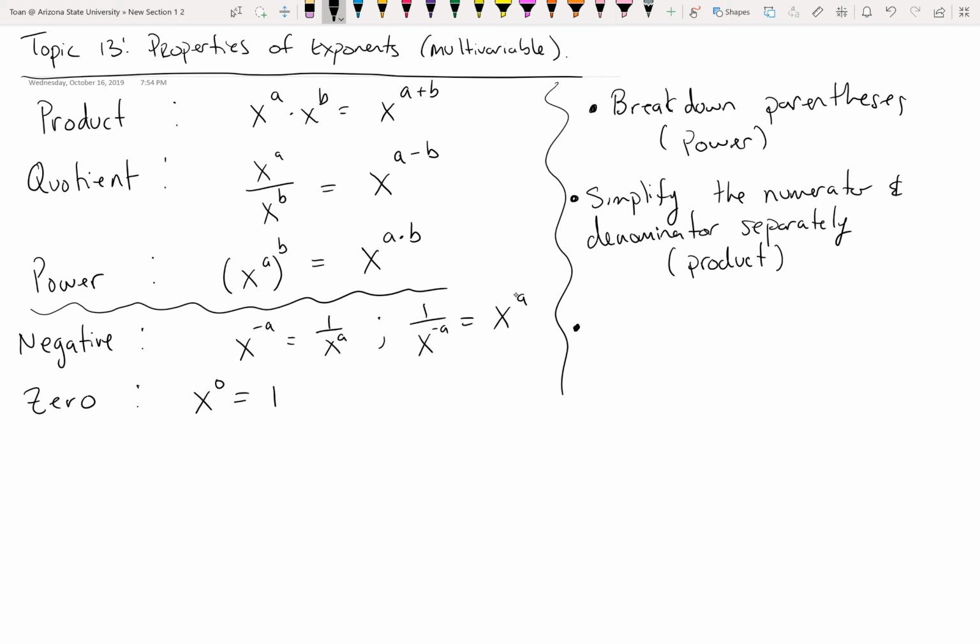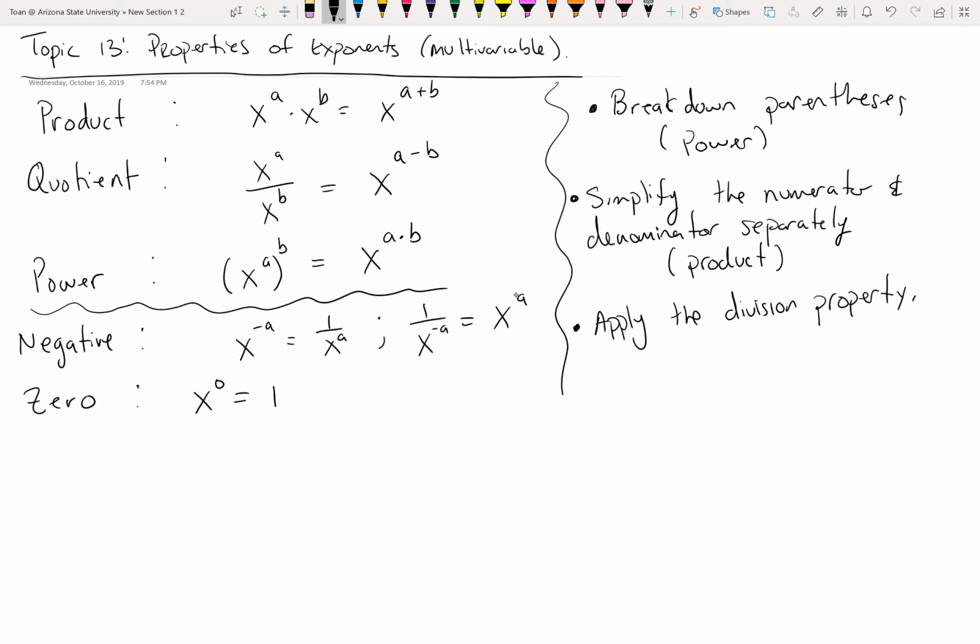And assuming you did that, you should be only left with one other step, which is to apply the division property if it is a fraction. Sometimes your expression won't have fractions and you can skip this step. So in topic 12, we did these very 3 steps with expressions that only contain one variable.